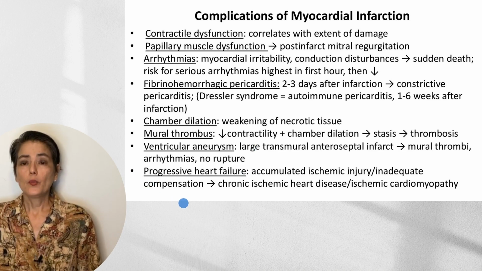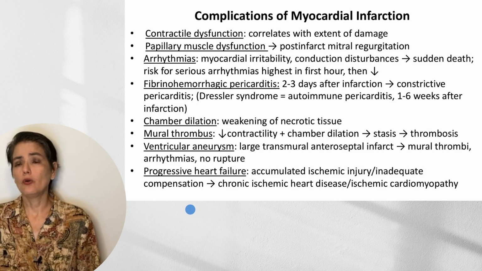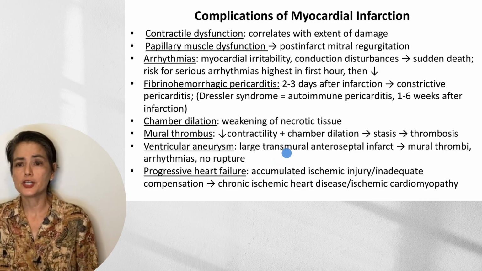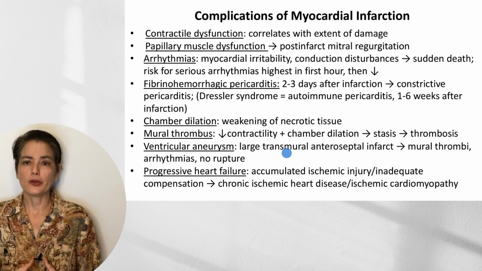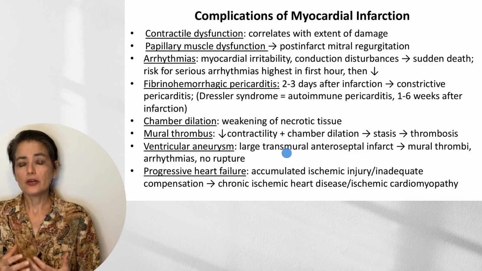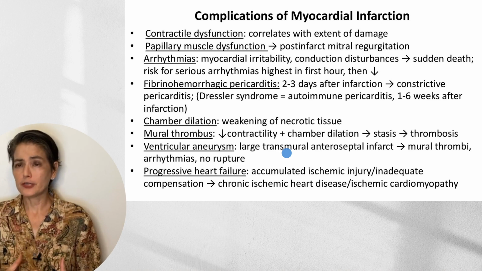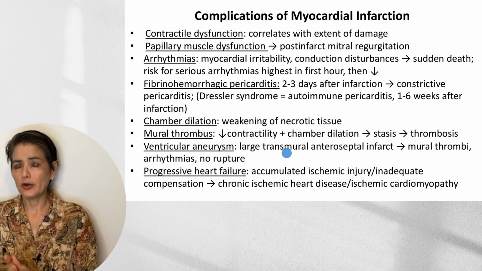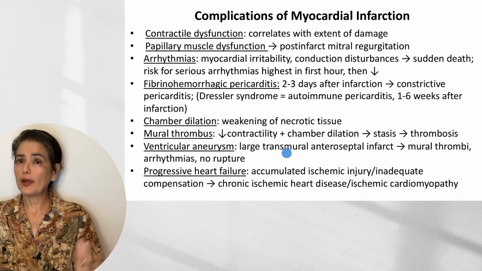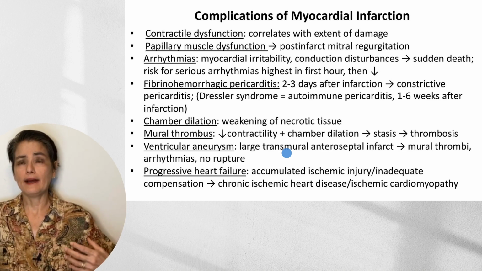And finally, we can get progressive heart failure. So over time, with our accumulated ischemic injury and inadequate compensation, we can get what we call chronic ischemic heart disease or ischemic cardiomyopathy. Now, when the heart has that myocardial infarction, we're going to have the area that is necrotic and then scarred and is no longer able to contract, which means that the rest of the cardiac myocytes are going to have to step up.